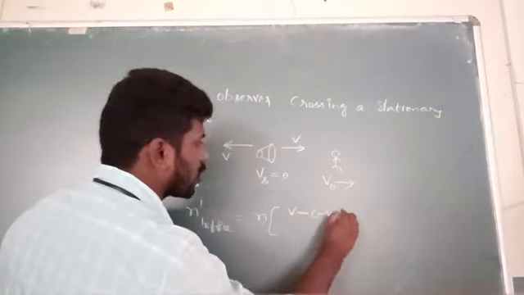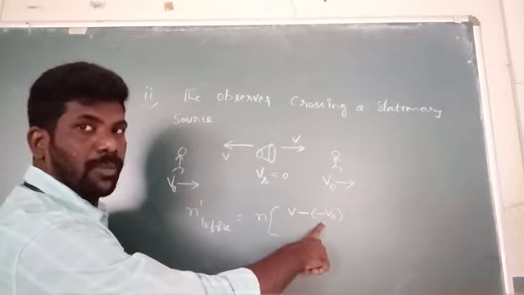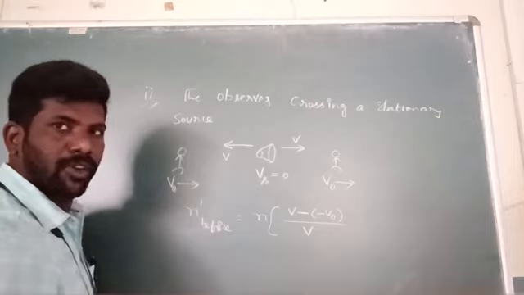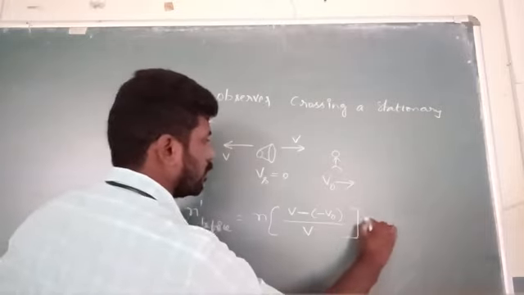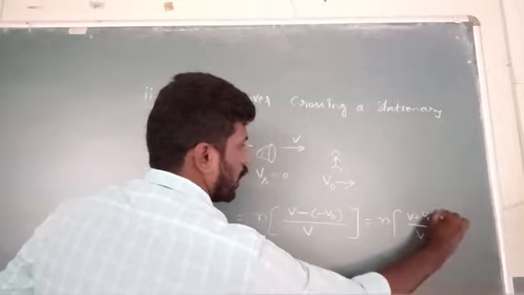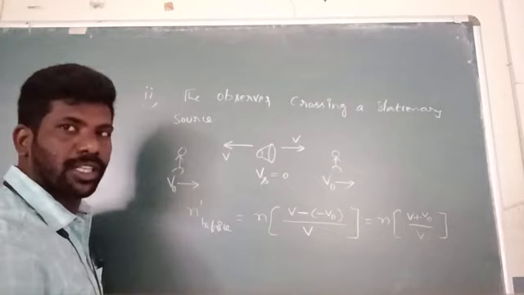Substitute minus V0 in the numerator, this is for the direction of the observer. There is no condition for Vs because Vs is 0, so n into (V plus V0) by V. This is the apparent frequency before the observer crosses the stationary source.